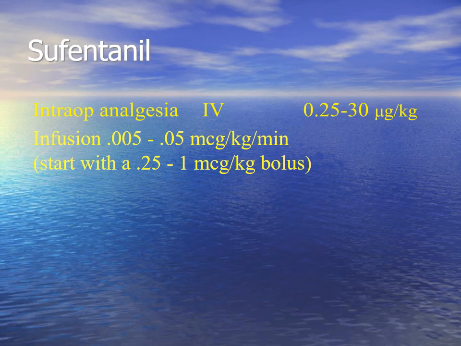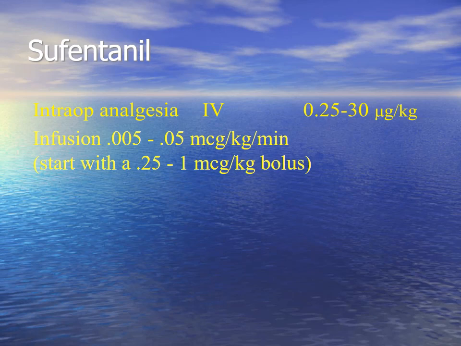So, for instance, if I require 100 mics of fentanyl for my intubation, and then I say, no, we're going to use sufentanil, for easy math you would say, what's the dose for sufentanil? 10 mics, divided by 10. In reality, though, it's only 4 to 7. Does that make sense? So dividing by 10 still underdoses a little bit. The reason they do that is you have some leeway. You can go a little bit more and still be safe.